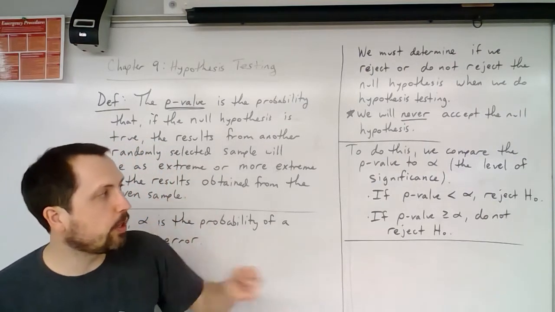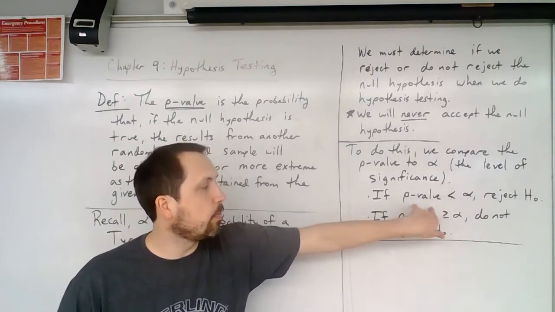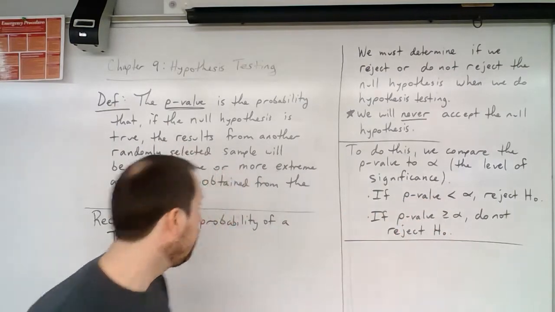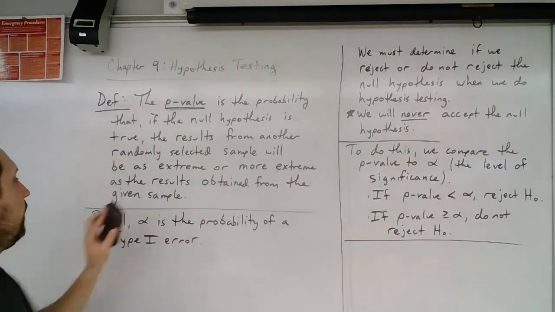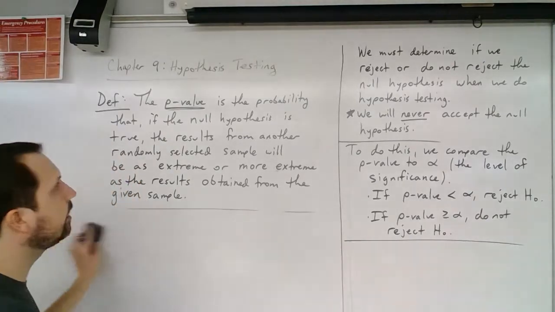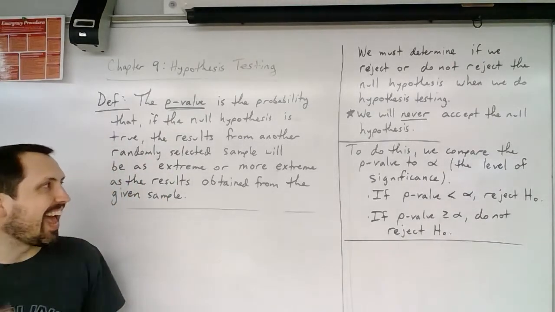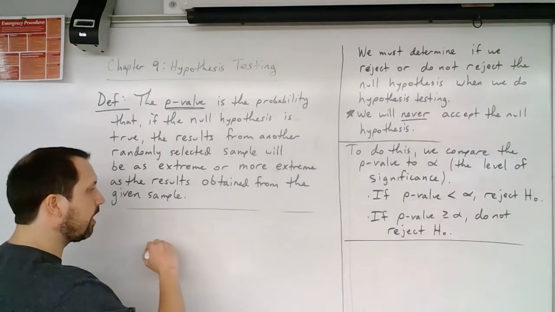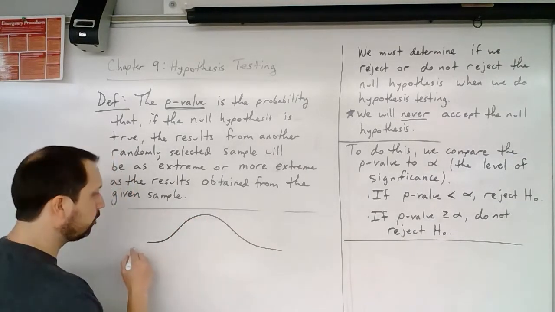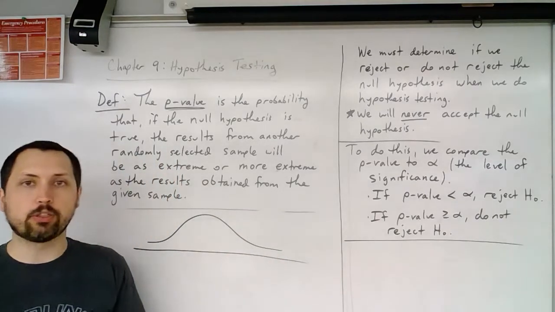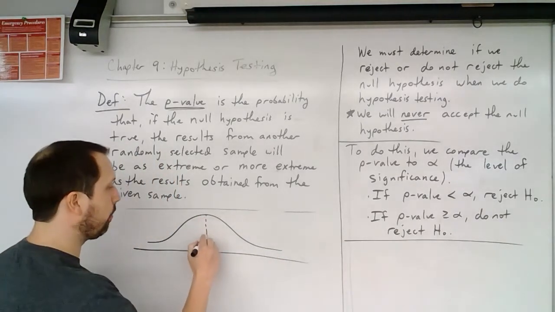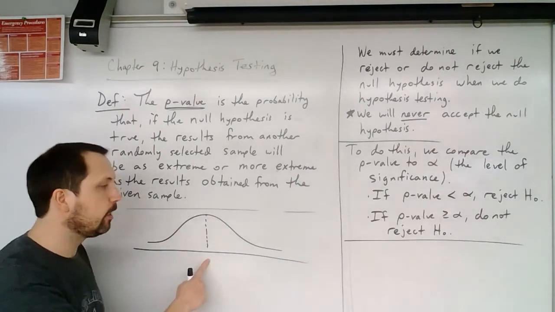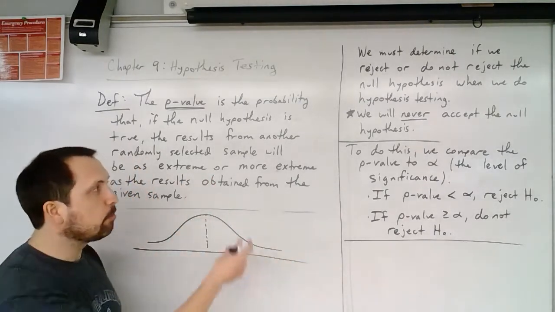So to build some intuition for why we reject the null hypothesis when the p-value is smaller: the p-value is the probability that we get a result as extreme or more extreme. In this class, we're working with a lot of normal distributions. So let's say we have a normal distribution here, and in the middle, remember, we have the mean.